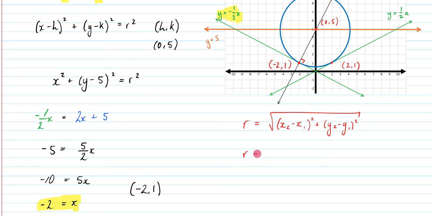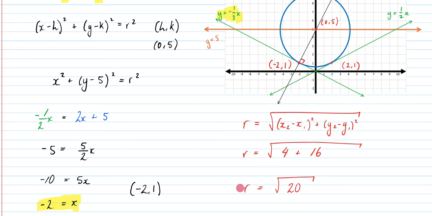So my radius will be the square root of (-2 minus 0) squared, which is 4, plus (1 minus 5) squared, which is (-4) squared, which is 16. I've done that correctly. So 4 plus 16 is 20, and my radius is going to equal the square root of 20.